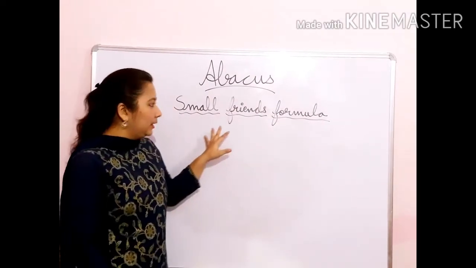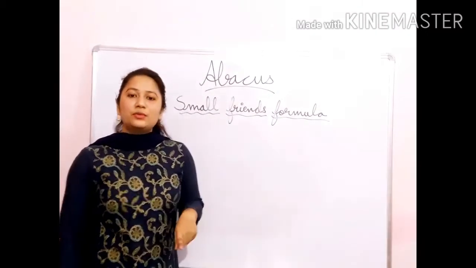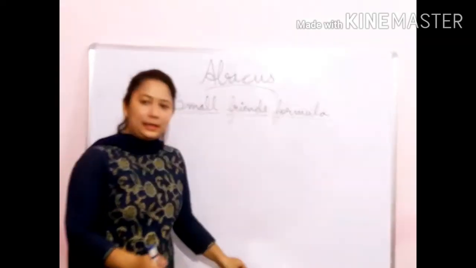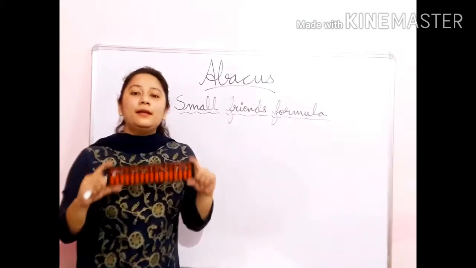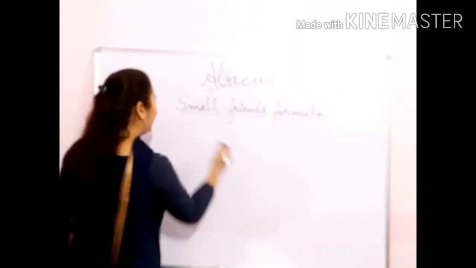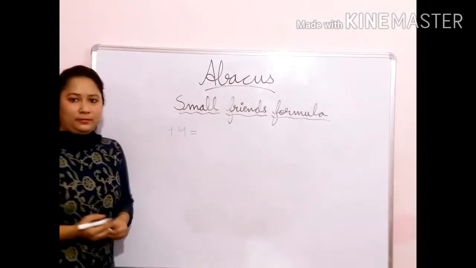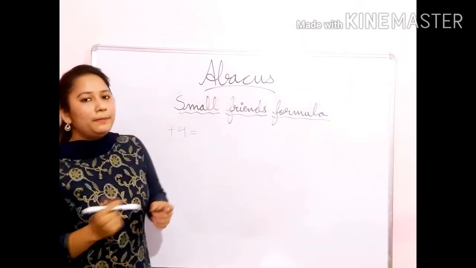Now, where do you use this small friends formula? See students, normally you do your numericals in this Abacus tool, but there are some questions in which there is lack of bead. Lack of bead means that you have to add 4 and the bead is not there. आपको 4 ऐड करना है और bead नहीं है.